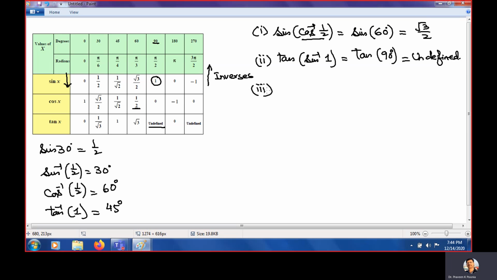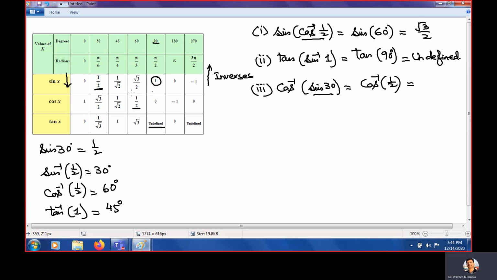Question number 3. It is cos inverse sine 30. What is the value of cos inverse sine 30? So here first we will check sine 30. Sine 30 is 1 upon 2. Now what is cos inverse 1 upon 2?